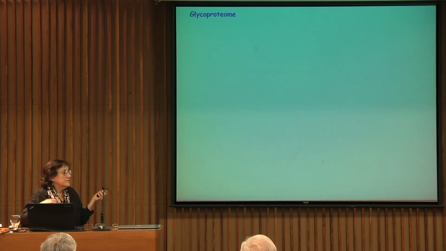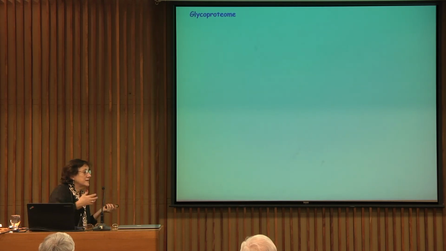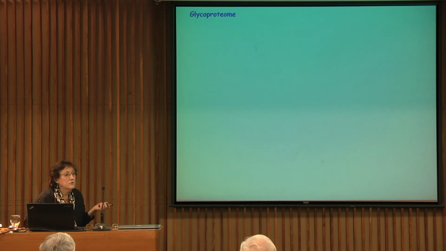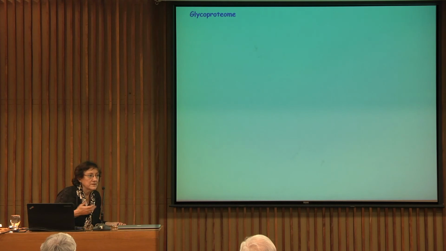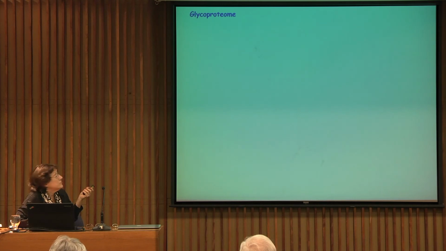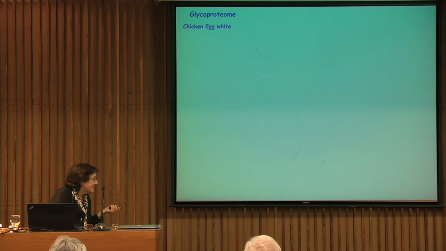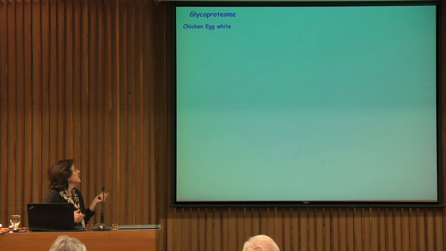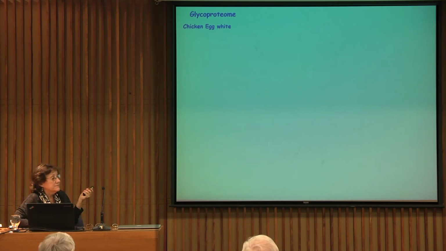And now another last challenge was, are we able to analyze the whole glycoproteome? The proteomes, there are lots of works studying proteomes, but what about a glycoproteome? And so, just to know if we can do it, we took the chicken egg white as a sample.